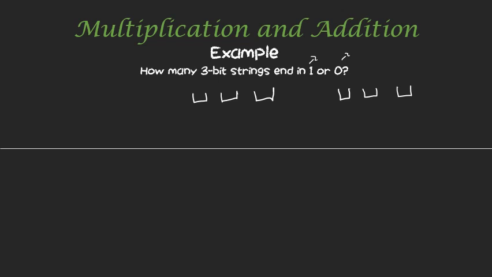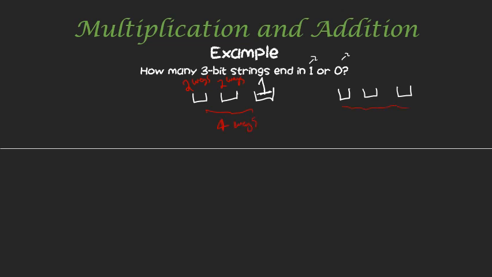So the first thing I'll do is choose a 3-bit string that ends in 1. We already know there's a 1 in that spot. That leaves 2 options for this one and 2 options for that one, either a 0 or a 1. And so by the multiplication principle, there's four ways to pick this first one.